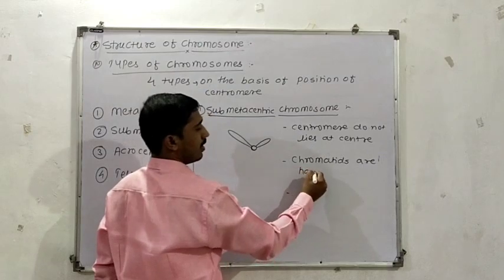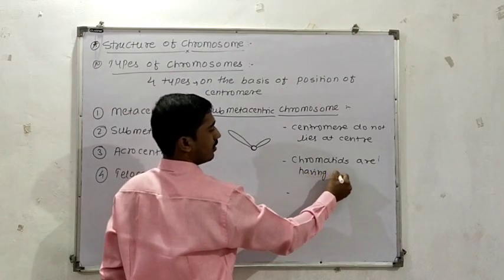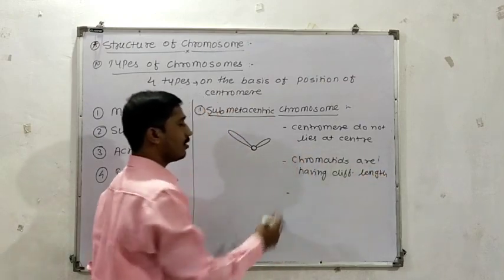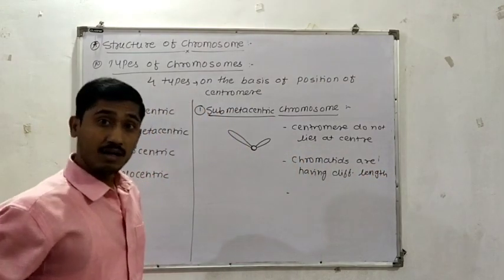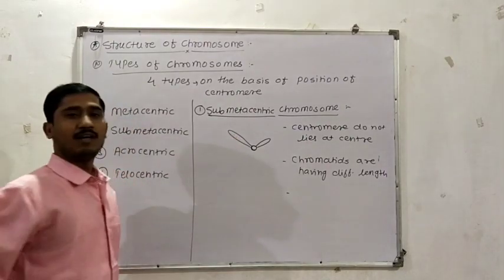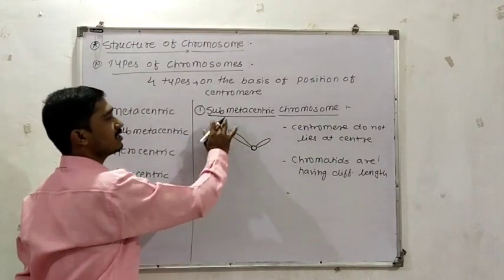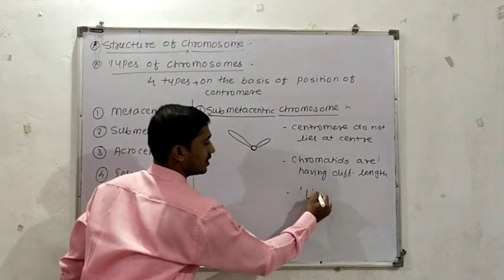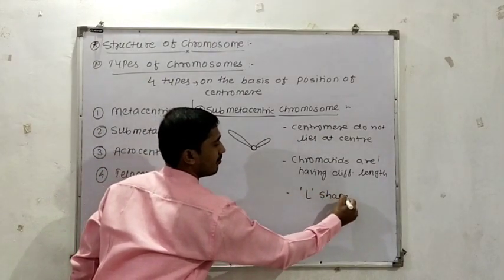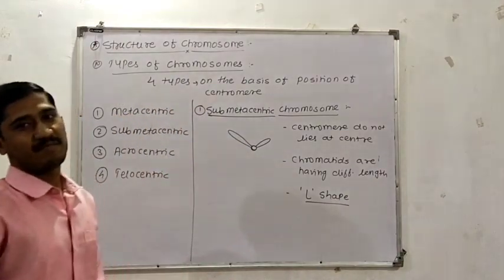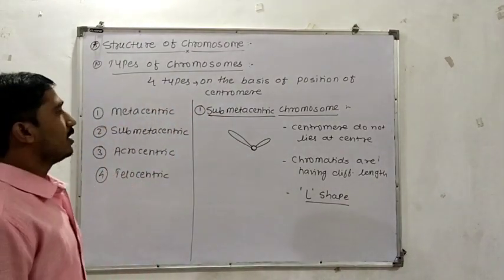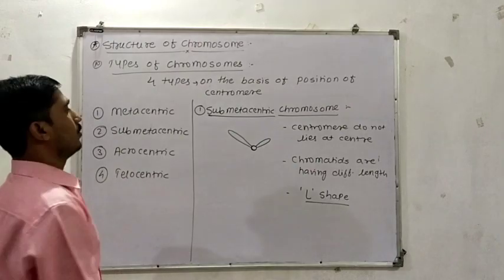Chromatids are having different length. And in case of alphabetic shape, how do these submetacentric chromosomes look? Submetacentric chromosomes have L shape. They look like L shape, right? So this is about the second type of chromosome, submetacentric chromosome.